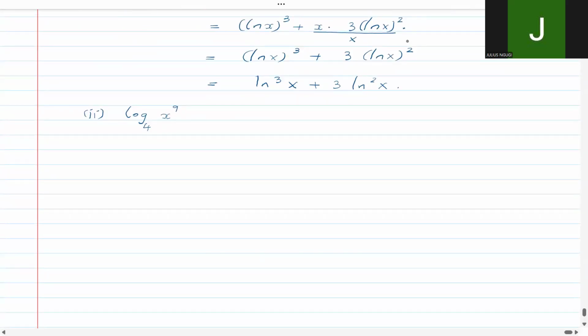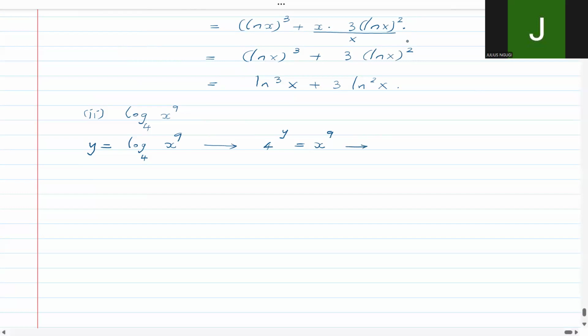Second one, we say y equals log base 4 of x to the power of 9. And we convert this into index notation. So we have 4 to the power of y equals x to the power of 9. Because you want y on one side, we can introduce natural log.